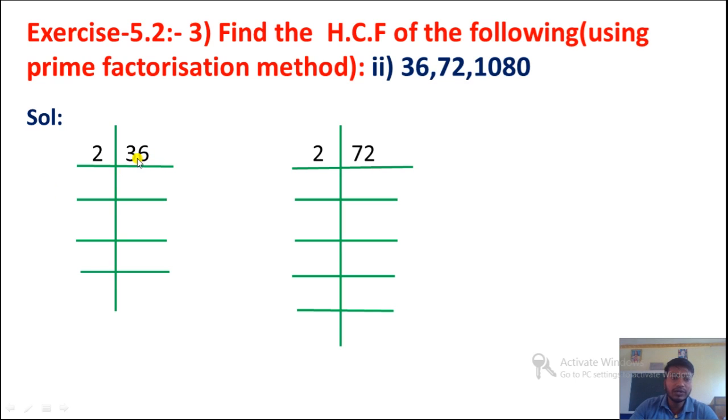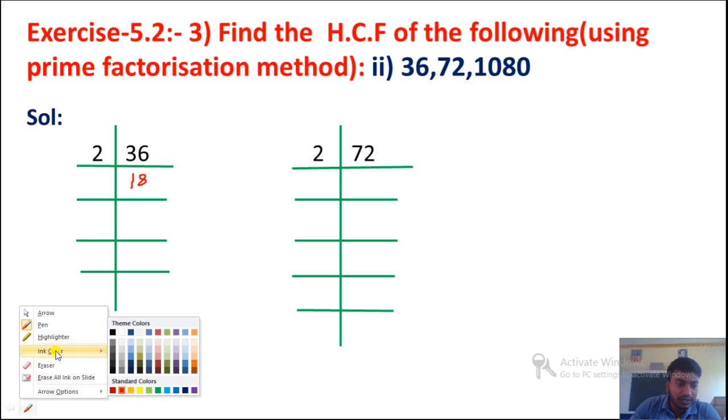The first number we have is 36, and this is an even number. Easily we can divide by the smallest prime number, which you know very well, which is 2. First we will take 2. When we divide, 2 ones are 2, 1 left, 1 6 16, 2 eights are 16.